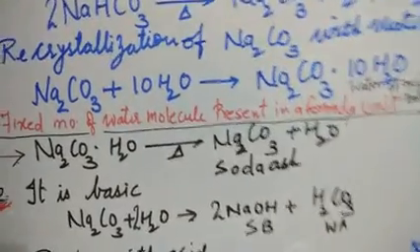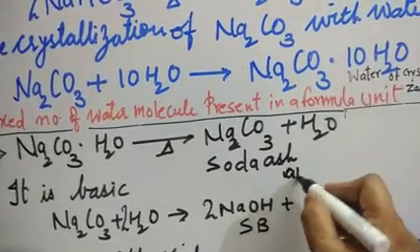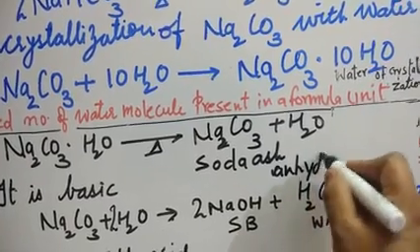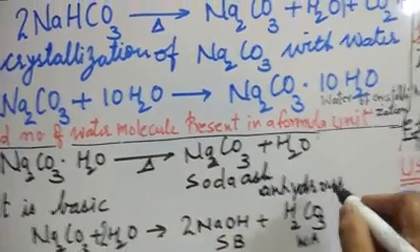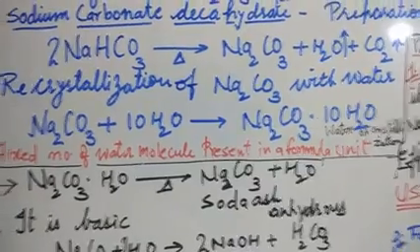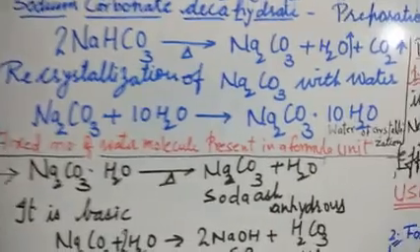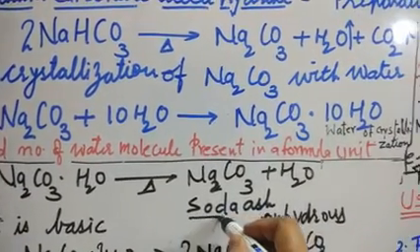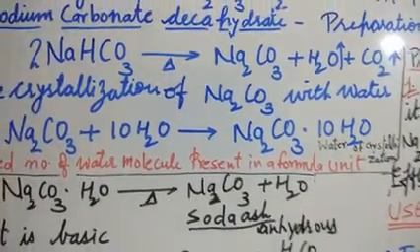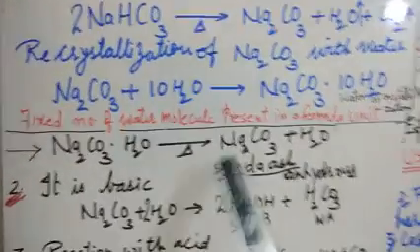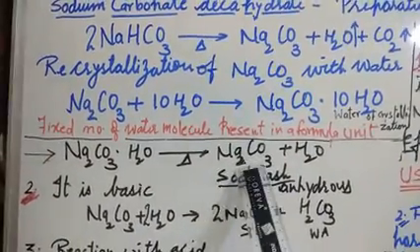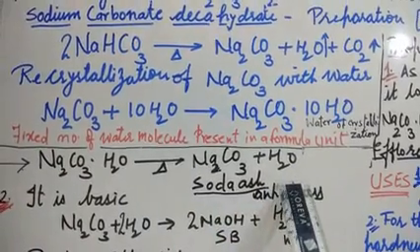Here we can call it anhydrous. Water is not present there now. It is anhydrous. And the name of this anhydrous Na2CO3 is soda ash. It is soda ash, Na2CO3, and H2O is separating out.